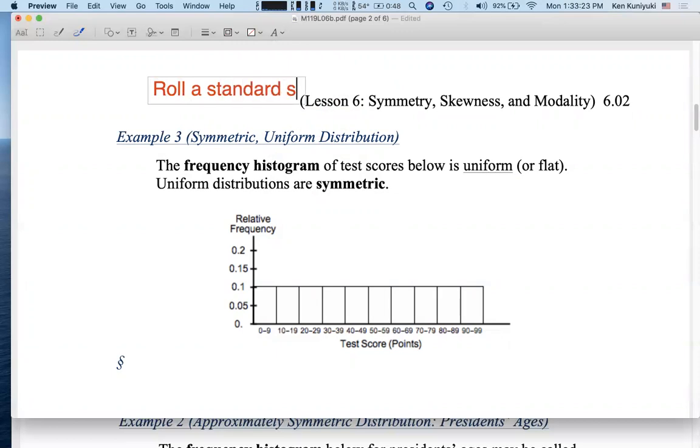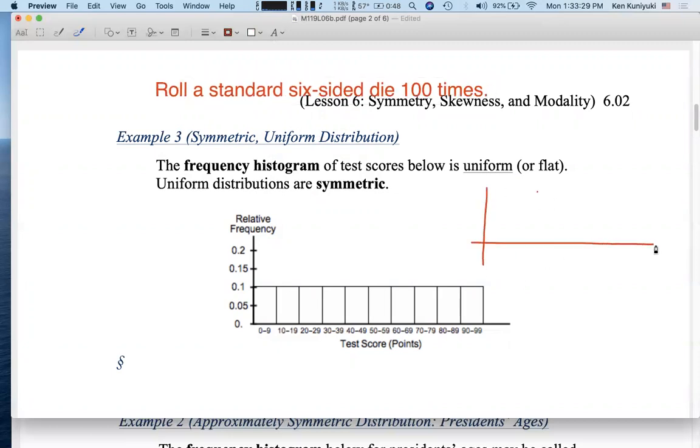Roll a standard 6-sided die 100 times. All right. So on the horizontal axis, you would have 1, 2, 3, 4, 5, and 6, the possible values of the die face that shows up.